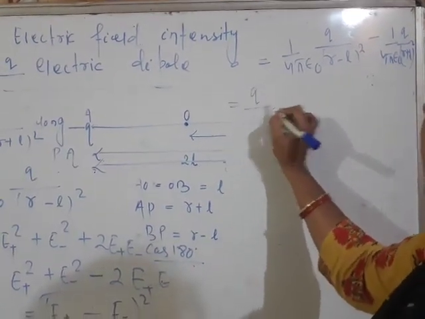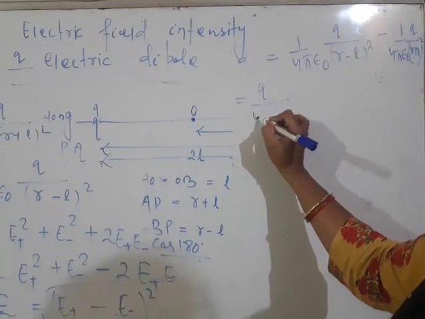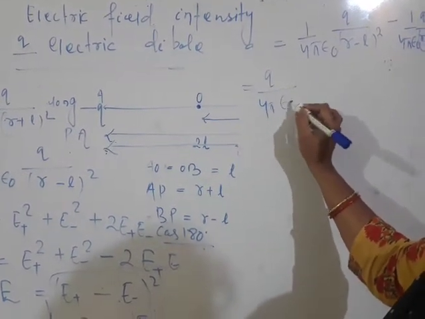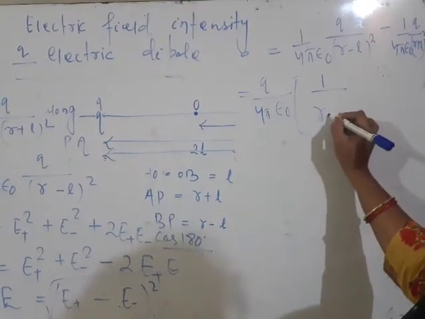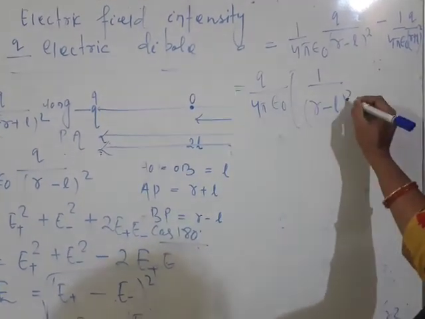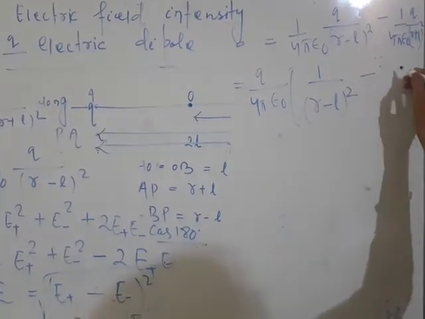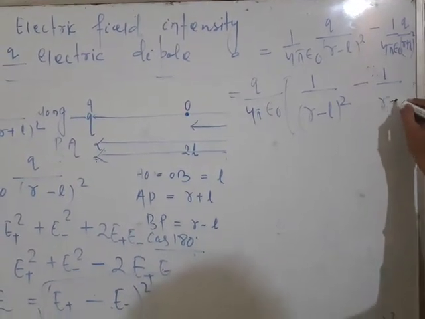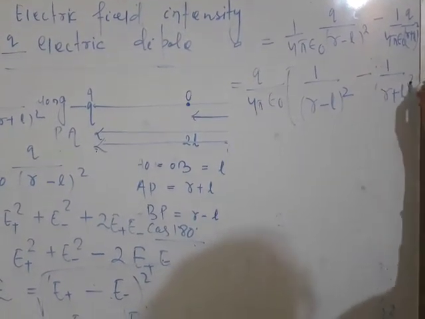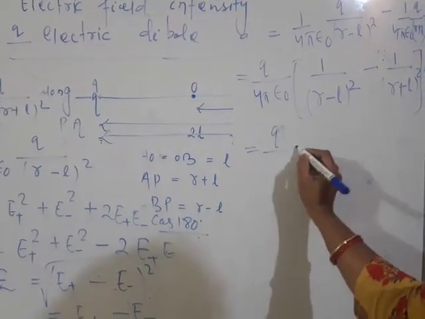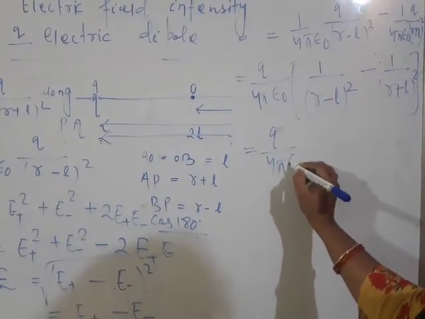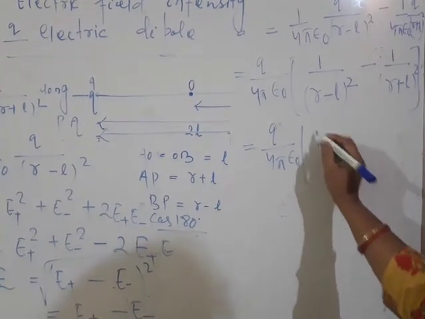I will take common q by 4 pi epsilon naught. So inside bracket 1 by r minus l whole square minus 1 by r plus l whole square, that equals q by 4 pi epsilon naught.